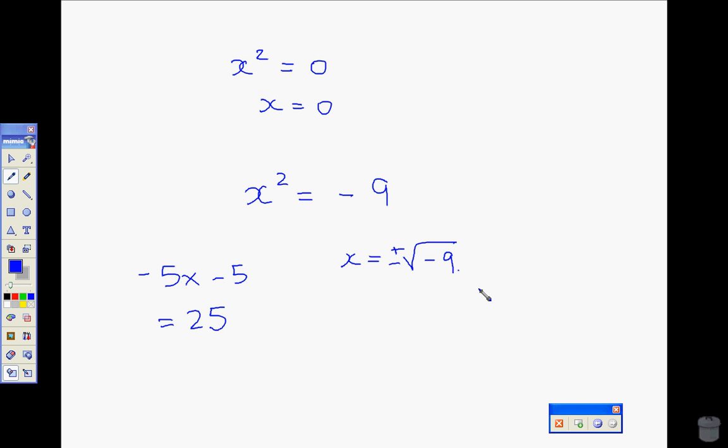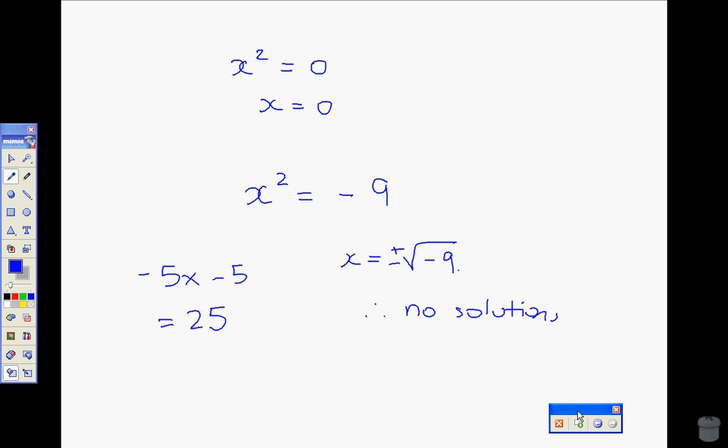You can't actually take the square root of a negative number in what we call the real number system. It gives you what we call an imaginary number, and that's not something we do until Extension 2 mathematics. The square root is basically saying, what number must multiply by itself to give us minus 9, and that doesn't exist. So there's no solutions for this one.